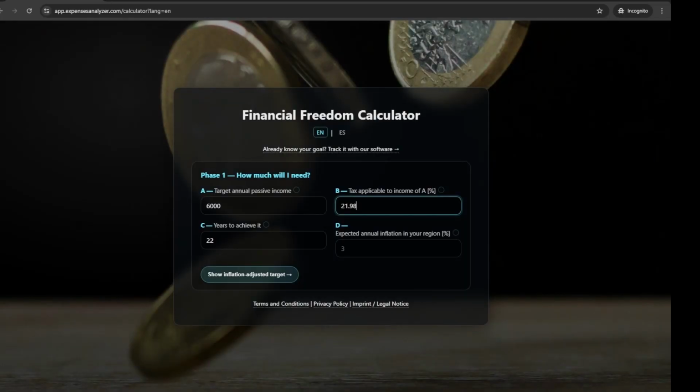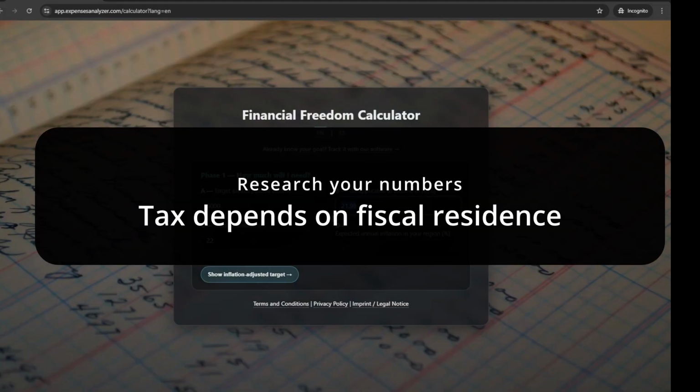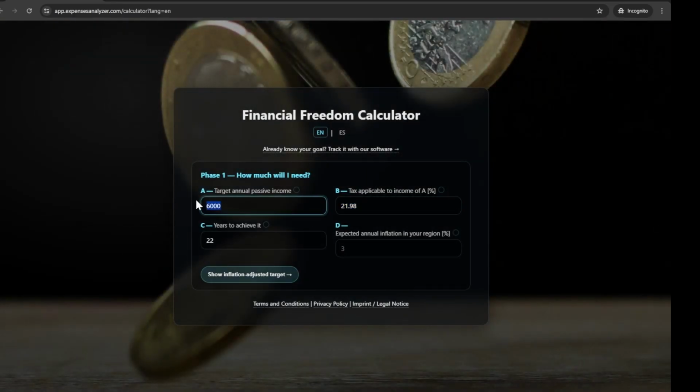So basically this 26.375% applies only to the 5,000. Please research, based on the region where you will be taxed, how much you need to pay on the income gains and the capital gains.